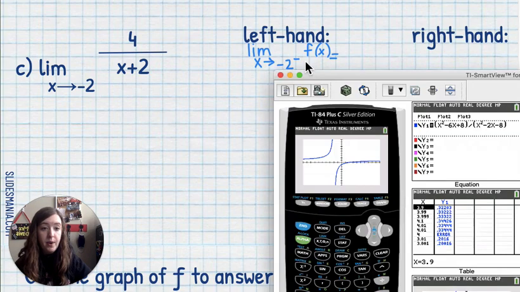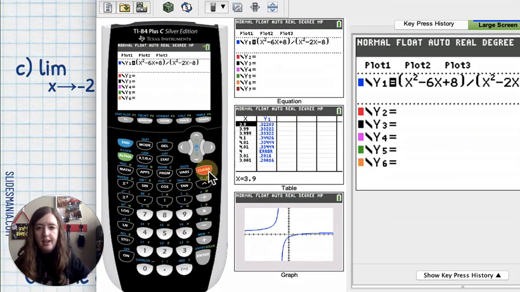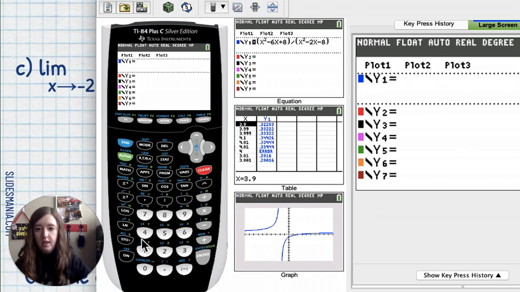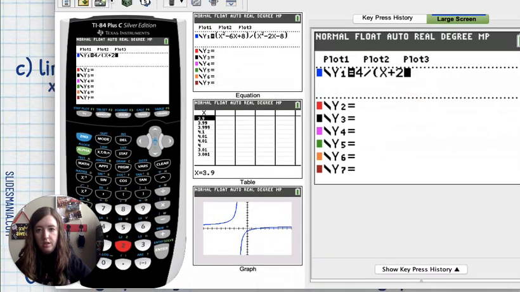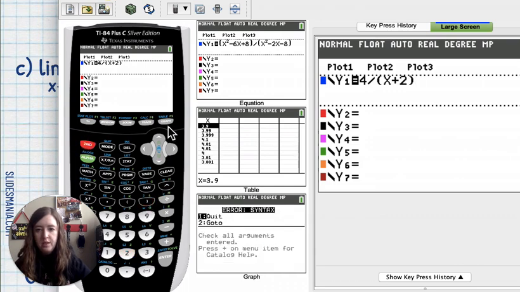So let's go to our calculator, go to y equals, and clear out what we have in there. And now we have 4 divided by x plus 2. So I'm going to go into table.